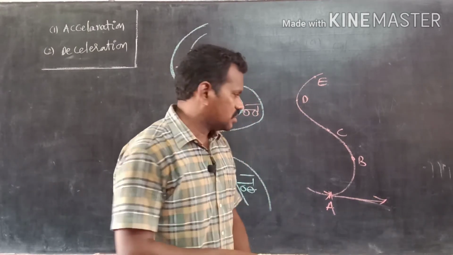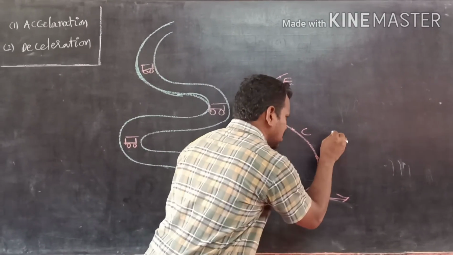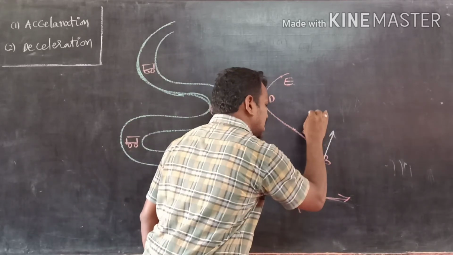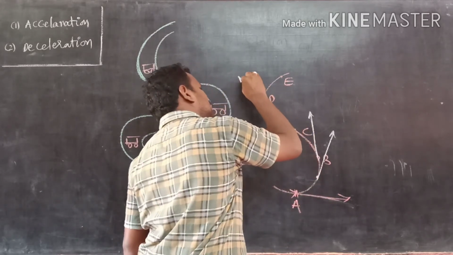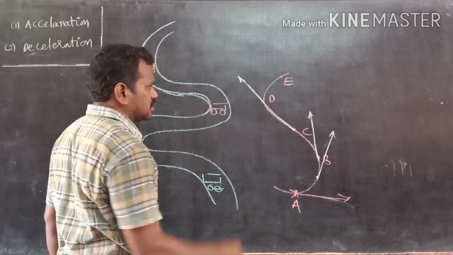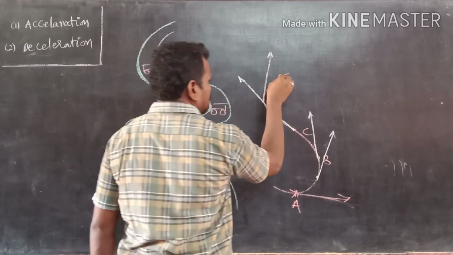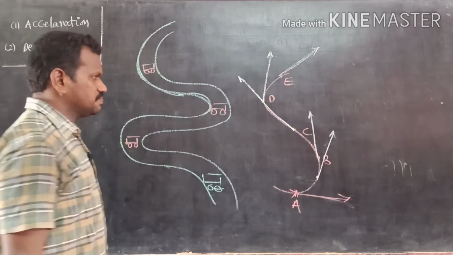We already know that. Now, here the body is there. This is the tangential direction of velocity. Here is the tangential direction of velocity. Here also, and at this point also, this is the tangential direction of velocity.